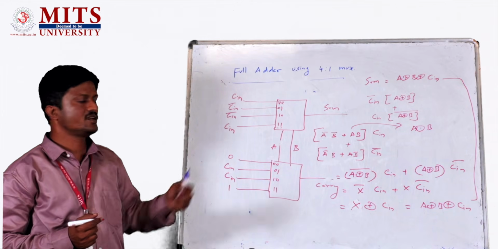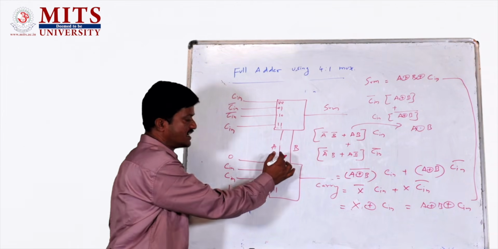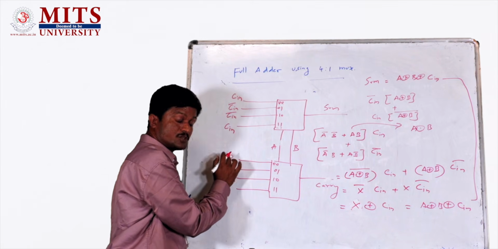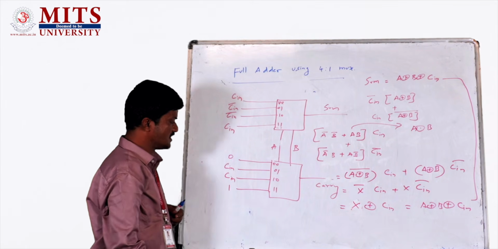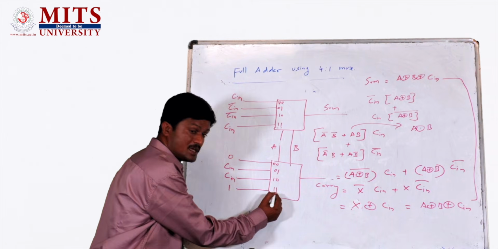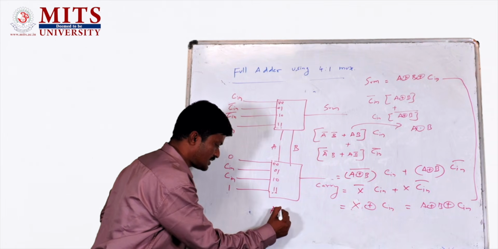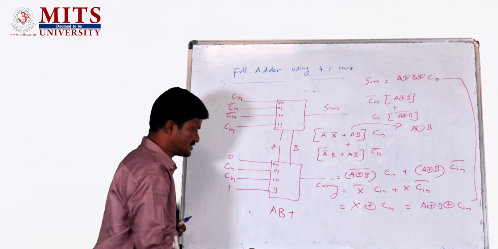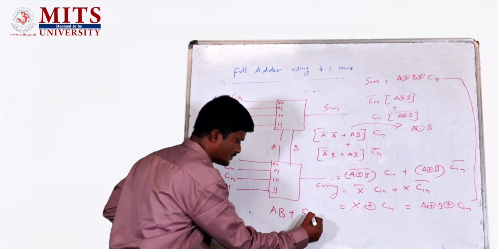In a similar way we can look at carry. Now for AB, the selection lines are 0, so the first data input is 0. Anything into 0 becomes 0. Next, for AB or 1, the output is 1. So I can write AB plus, then for the second and third the data input is the same, so I can use Cn.